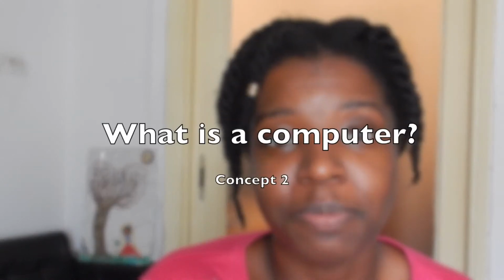What is a computer? A computer is a machine that does calculations. So a computer is not just the desktop or laptop that you usually see. Things such as this here, which is a calculator, can be considered a computer because calculators do various forms of computations and a lot of calculations.